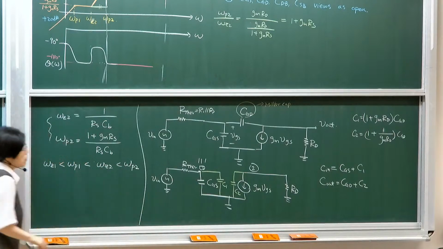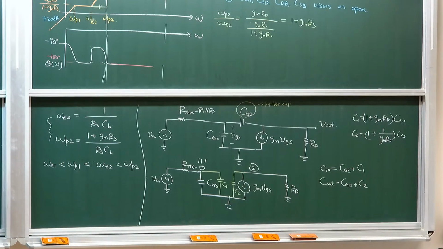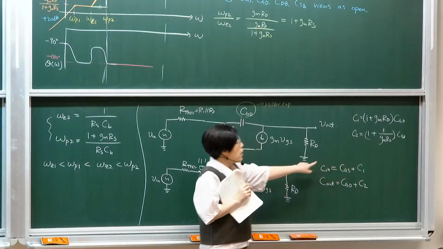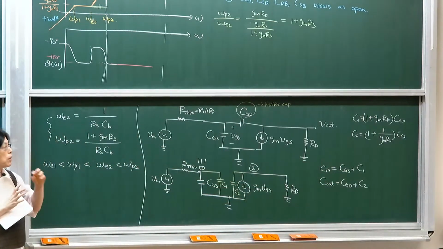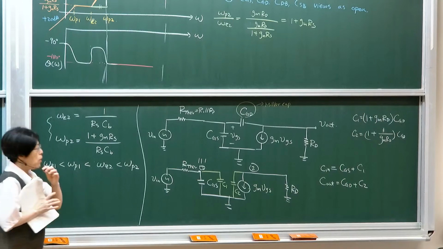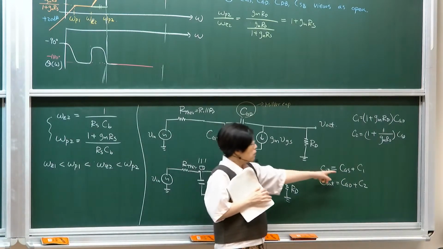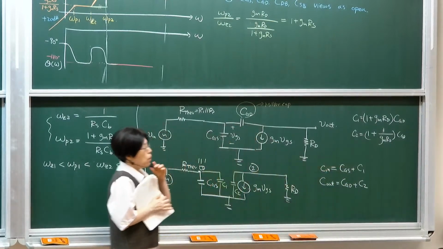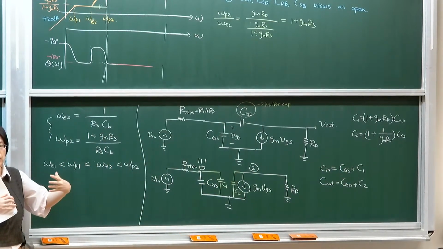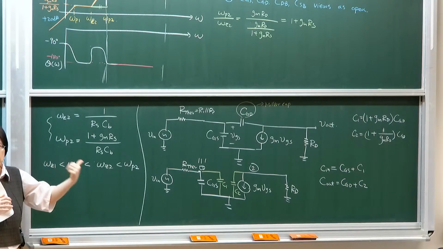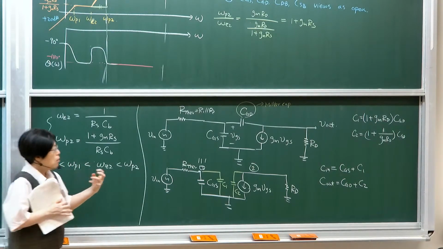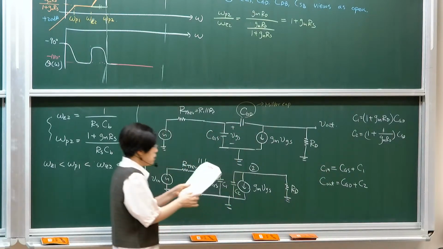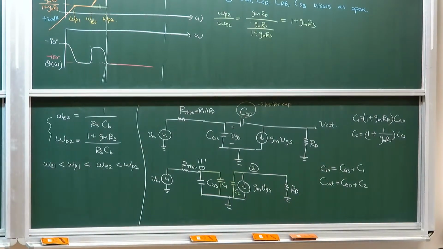So this exercise simply tells you that your input terminal will have the lump sum of highest capacitance because of two effects. One is that CGS is already a large capacitance. The other is C1, which is the CGD capacitance being amplified by the Miller effect. And then you get the overall high capacitance from the input terminal. Okay?